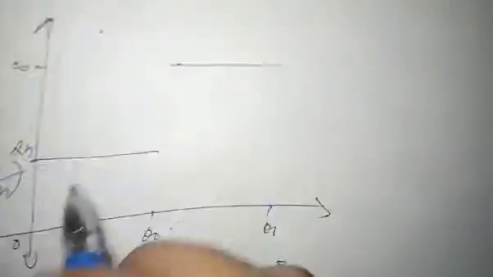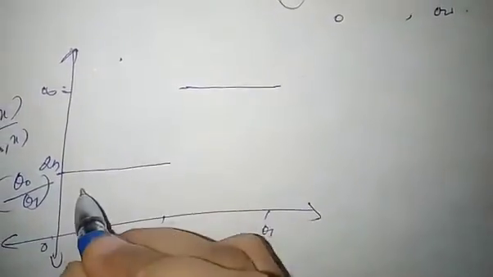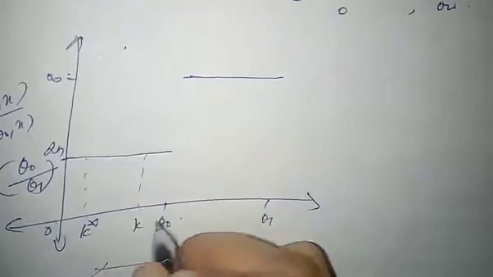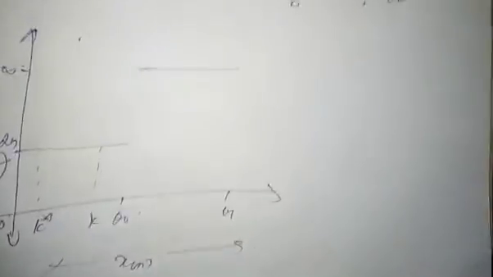Here this is constant, so we have to take a k star and k, similar to the last problem. Then we will get two test functions.